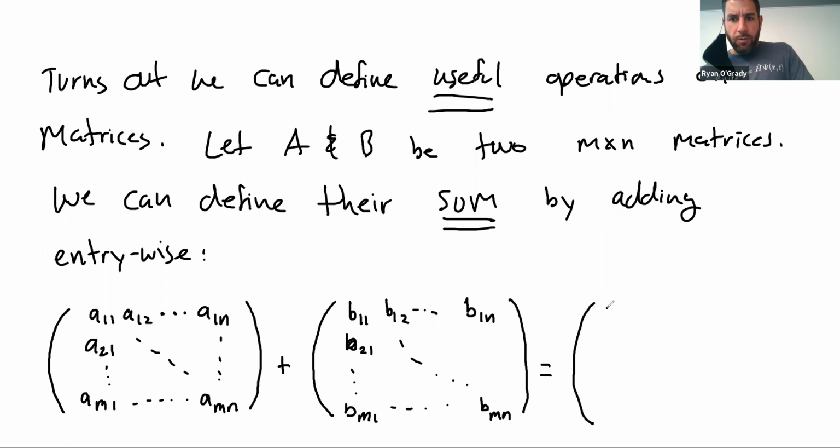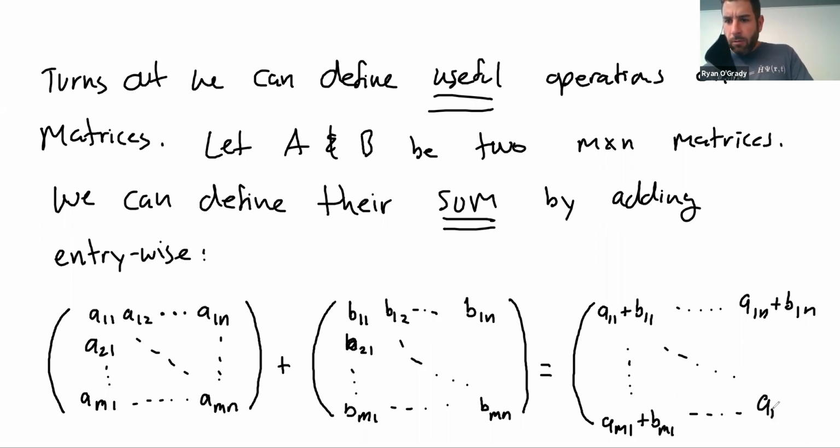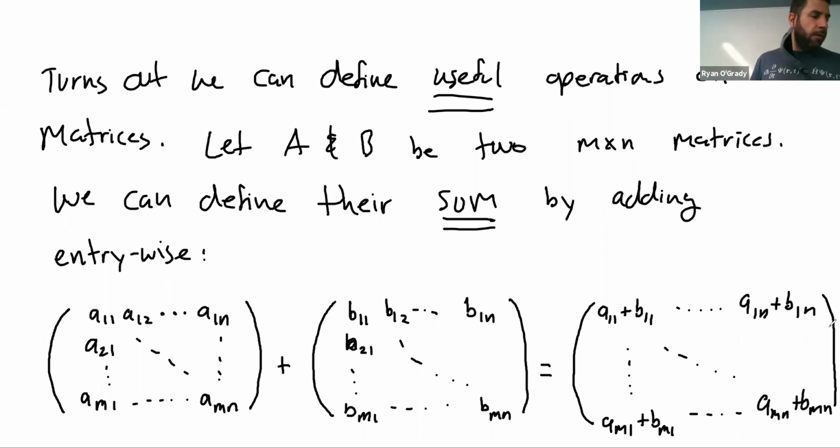You add them entry-wise, A sub 1, 1 plus B sub 1, 1. And then it's A sub 1, N plus B sub 1, N. So look, this notation looks very overwhelming. But when we go to the next page, you'll see how straightforward it is.